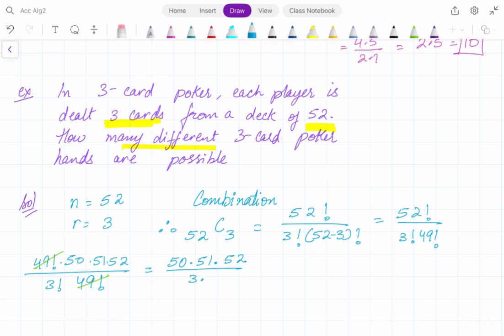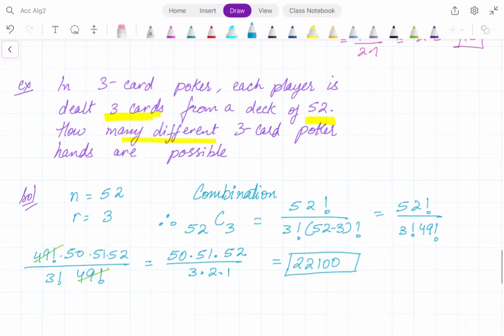And 3 factorial is nothing but 3 times 2 times 1, which is just 6. So if you do the calculation, you should get 22,100 as your lovely answer. This is your happy chappy answer.